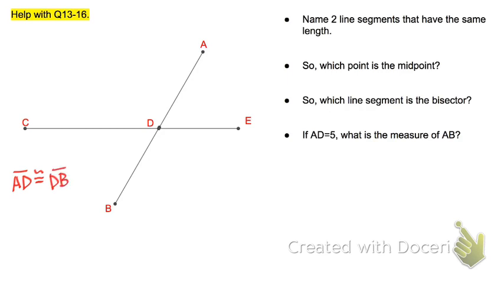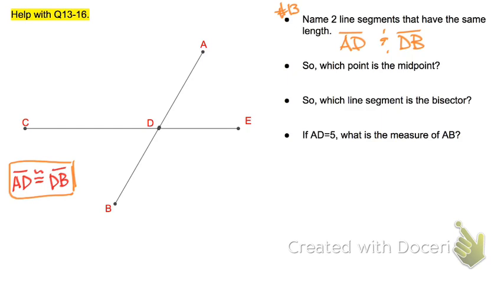So it's telling you that. When you go to the first question, question 13, it says name 2 line segments that have the same length. If they're telling us that these 2 line segments are congruent, that means they are the same length. So that's all you do for the first question.